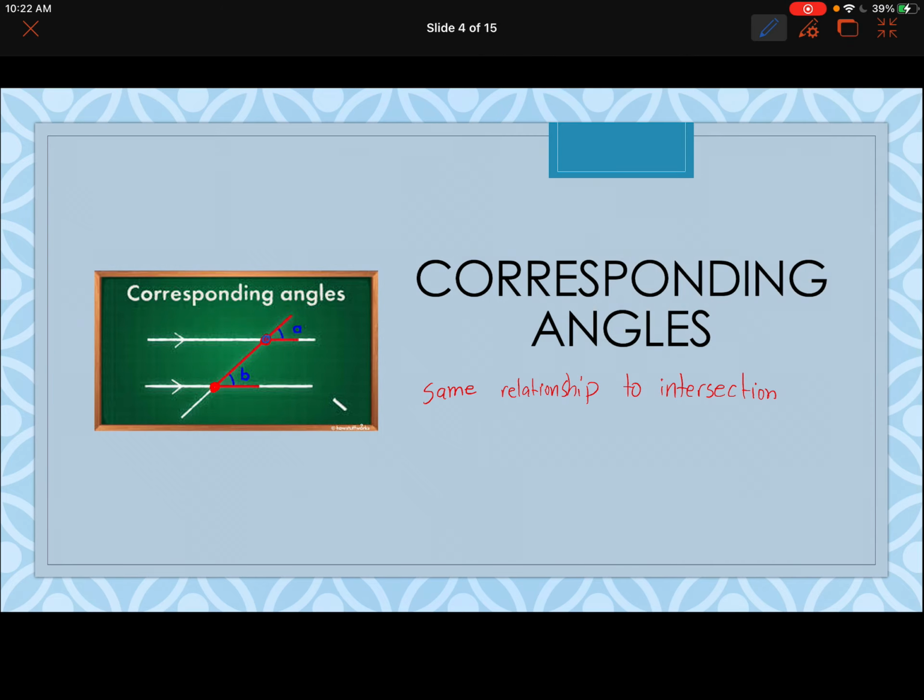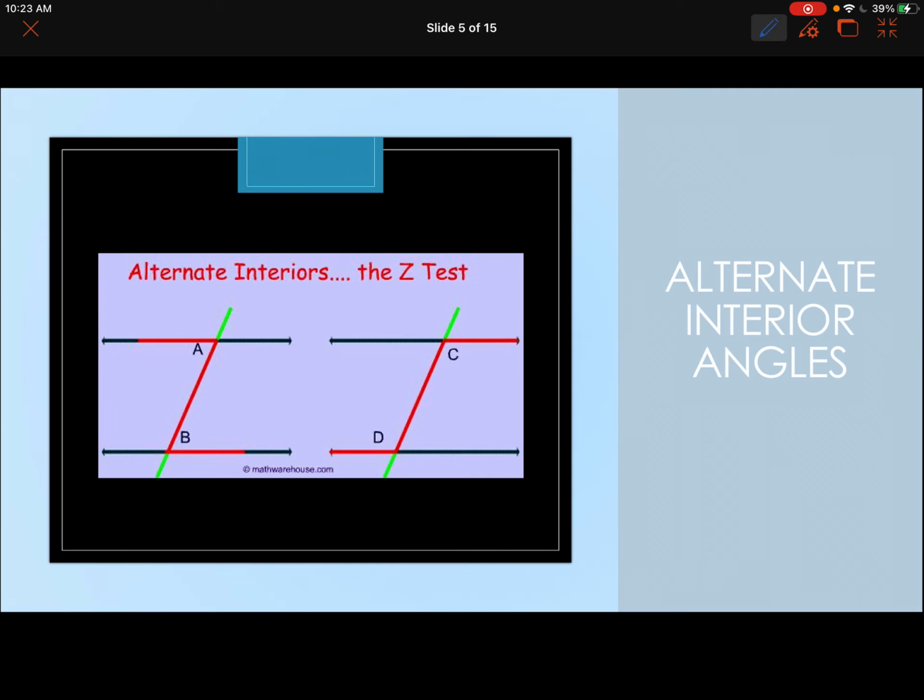Let's use blue instead. So the 2 lines intersect here and they intersect here. And we can see that both angle A and angle B are above and to the right of the intersection. So we have above the horizontal line and to the right of the slanted line. So they're in the same relationship. They have the same relationship to the intersection. They're above and to the right. That's what makes corresponding angles. Same relationship to the intersection.